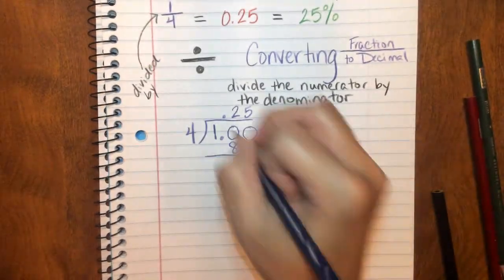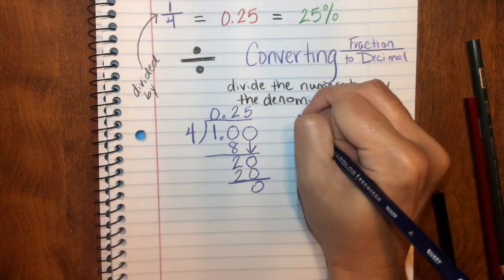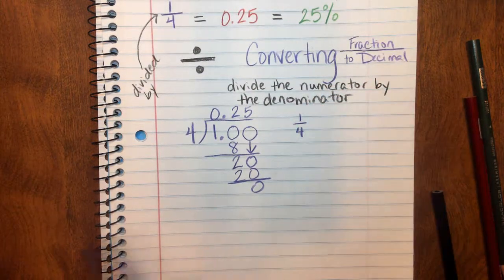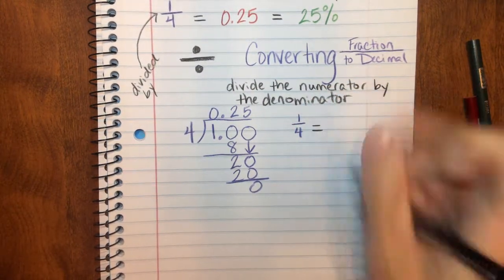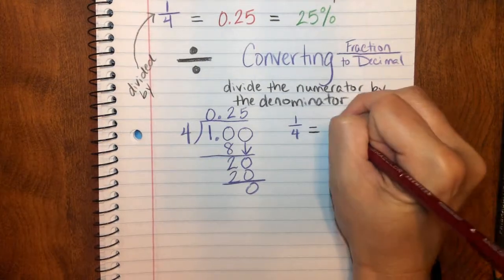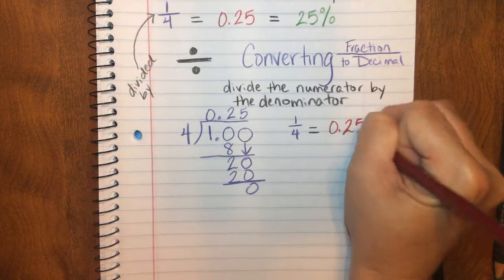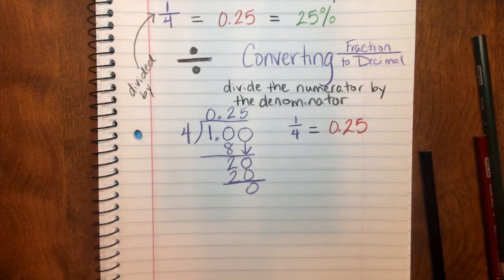So this is where I have shown you that 1/4 equals 25 hundredths.